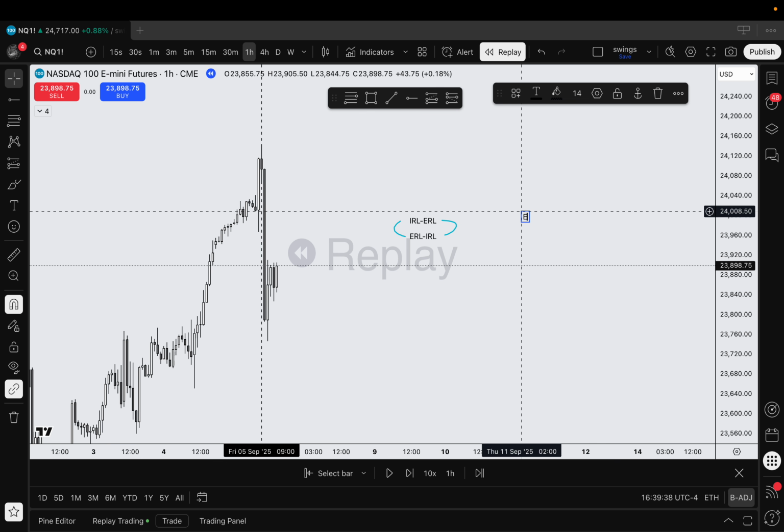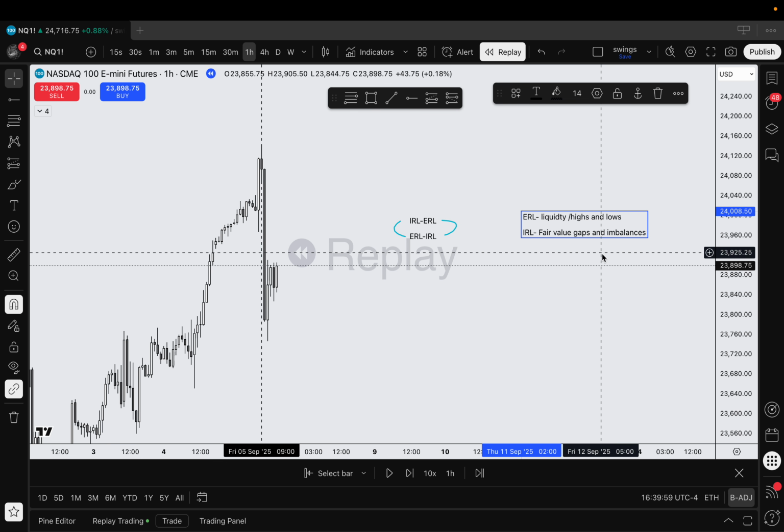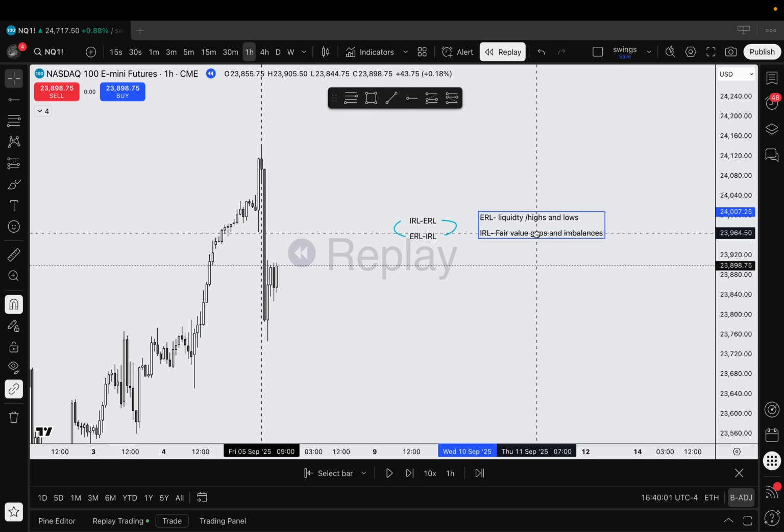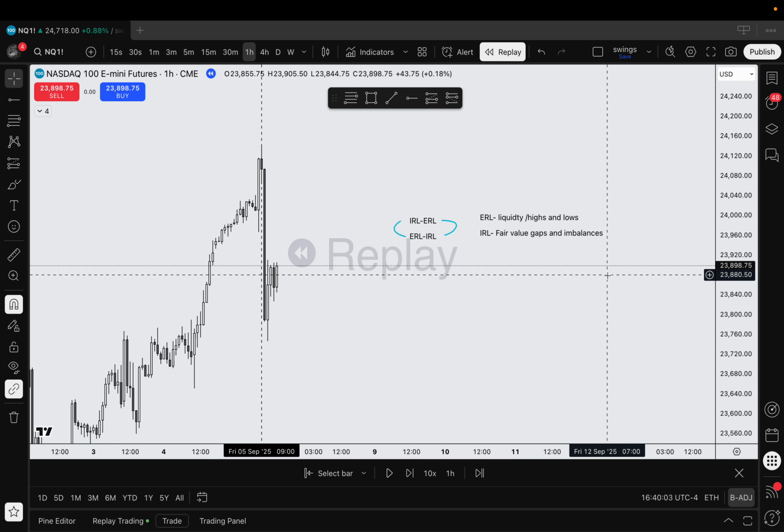So if we swept external range liquidity, which would be normal liquidity, highs and lows, then you would go to your internal liquidity, which would be your fair value gaps and imbalances, because there are some other types of imbalances which I'm going to speak on in another video.